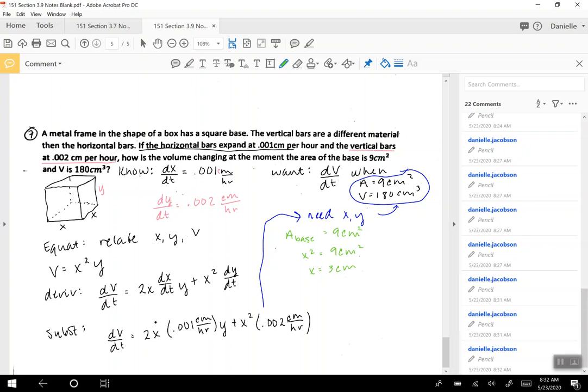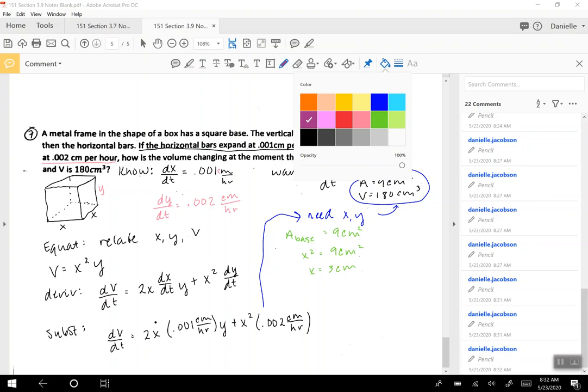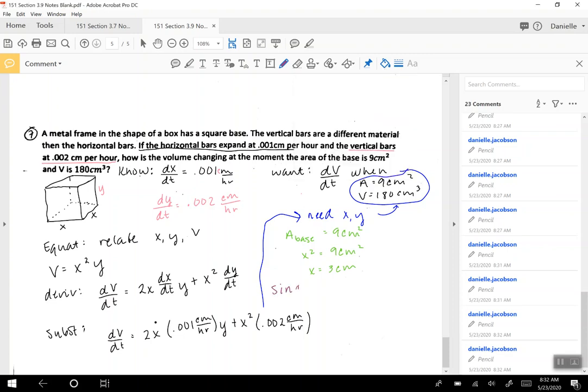Now we need to find our y value. I'll box this little guy off, there we go. Since we know the volume is x squared times y, and the volume is equal to 180 centimeters cubed, we have x squared times y equals 180 centimeters cubed. I know my x value is 3, so really I have 9y equals 180.